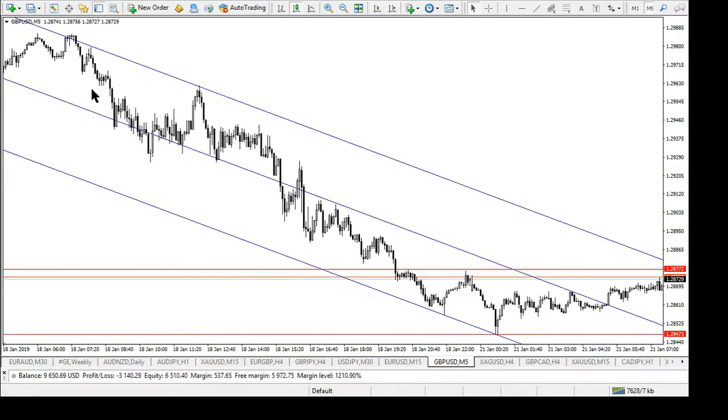Let's create. We're starting with the most fundamental, most basic fundamentals of price movement.